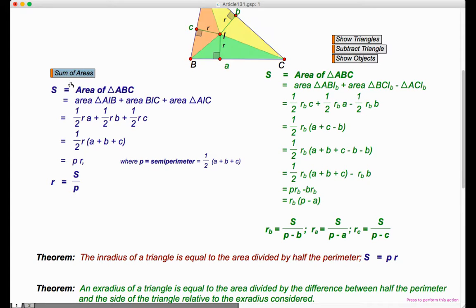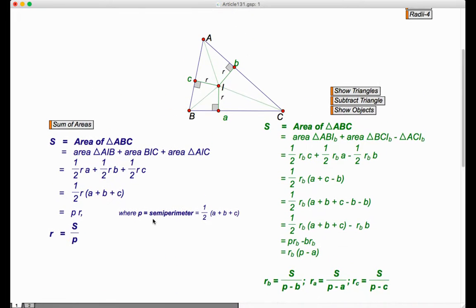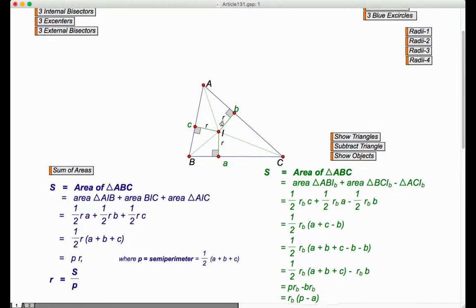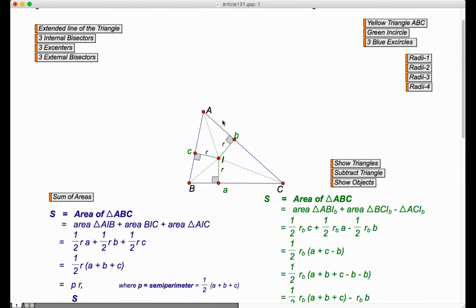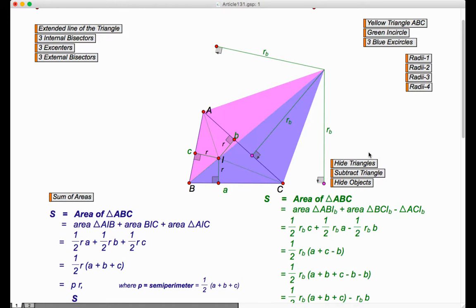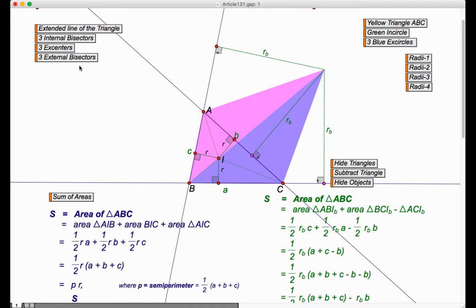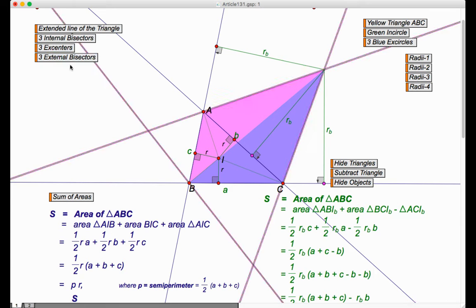However, I can extend this to exradii. So let's focus on one of them, okay? Let's consider this one, and then let's extend the lines and extend the external bisectors.